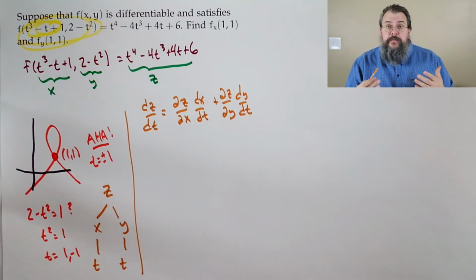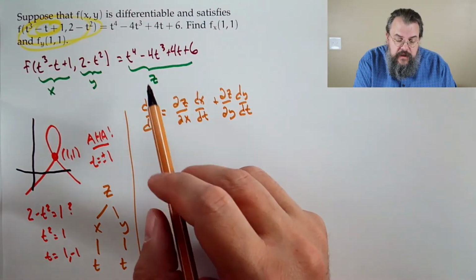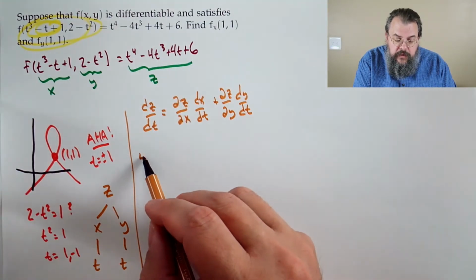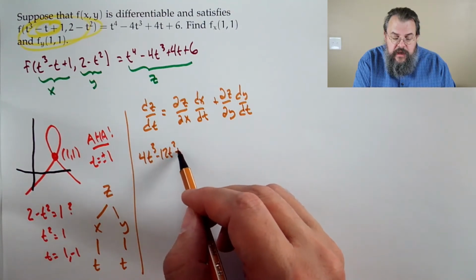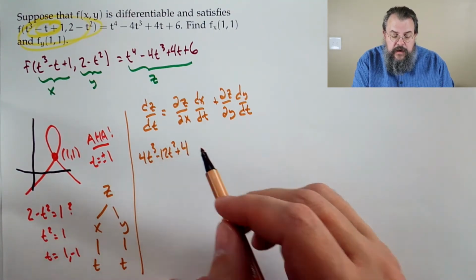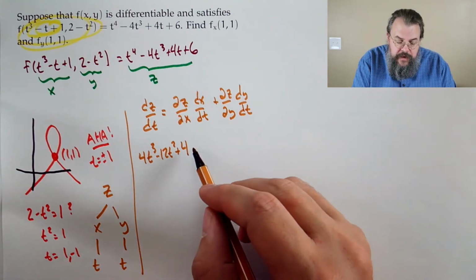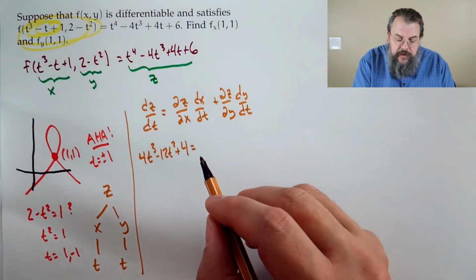And we can fill in all our pieces. dz dt would be the derivative of this side, that's 4t cubed minus 12t squared plus 4. Just take the derivative. That equals partial z partial x, which is f sub x.